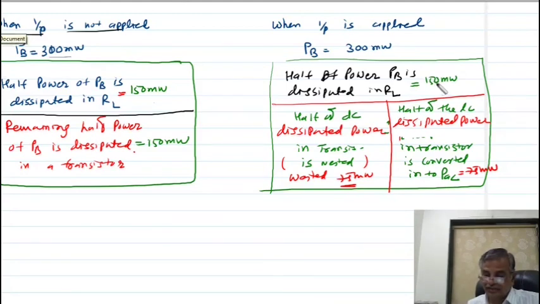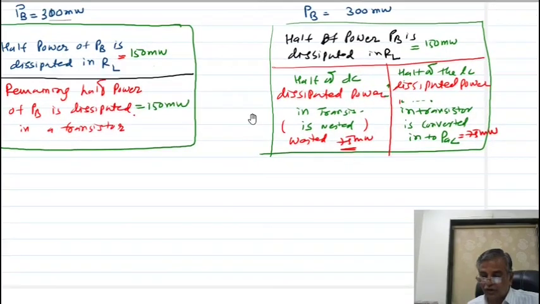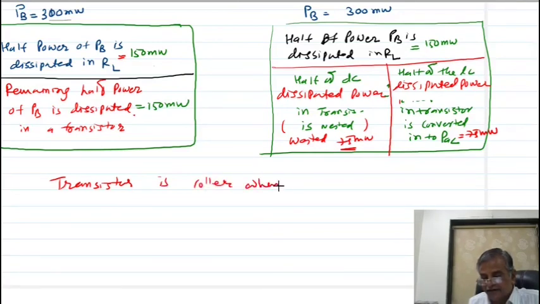So we have to see how this can be converted into AC, and then how this waste can be removed. So this discussion shows that the transistor is cooler when input is given compared to the quiescent condition.